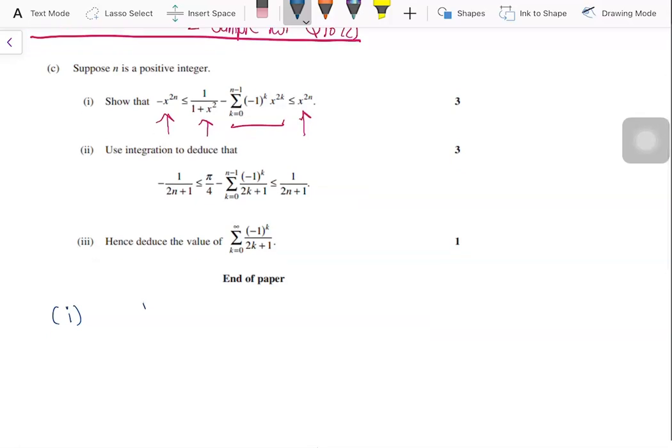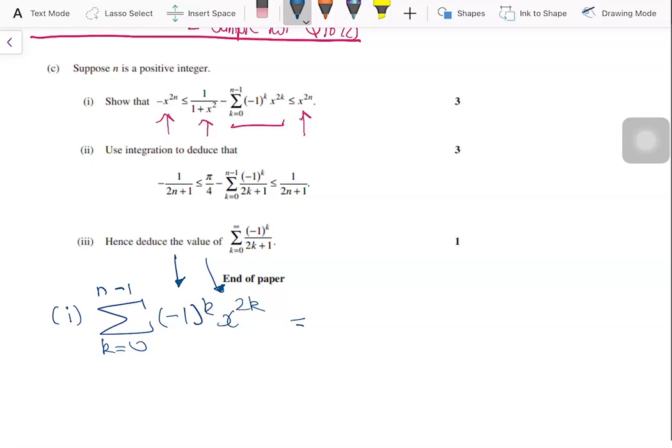What we'll first have a look at is this sum from k equals 0 to n minus 1. So we have negative 1 to the power of k, so we're going to have alternating plus and minus signs. And we also have this x to the power of 2k, so we have even powers of x.